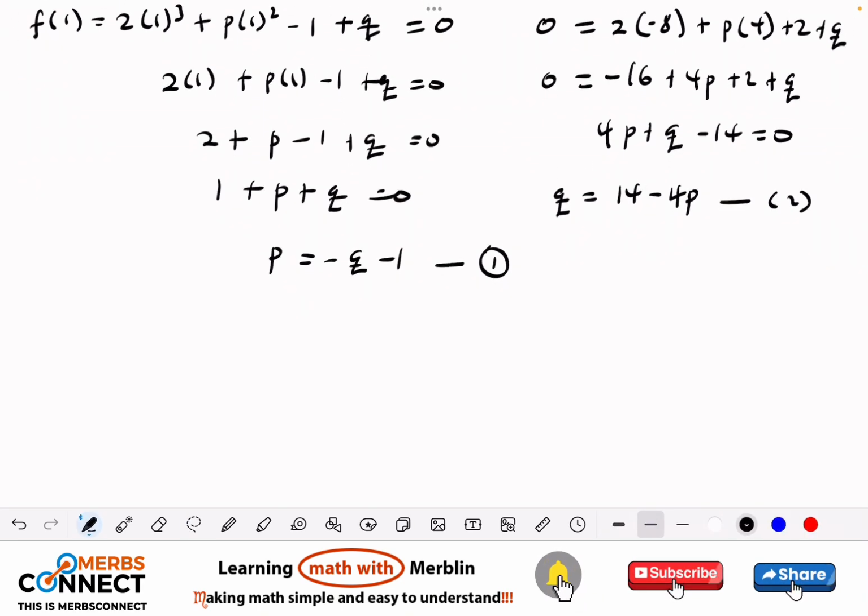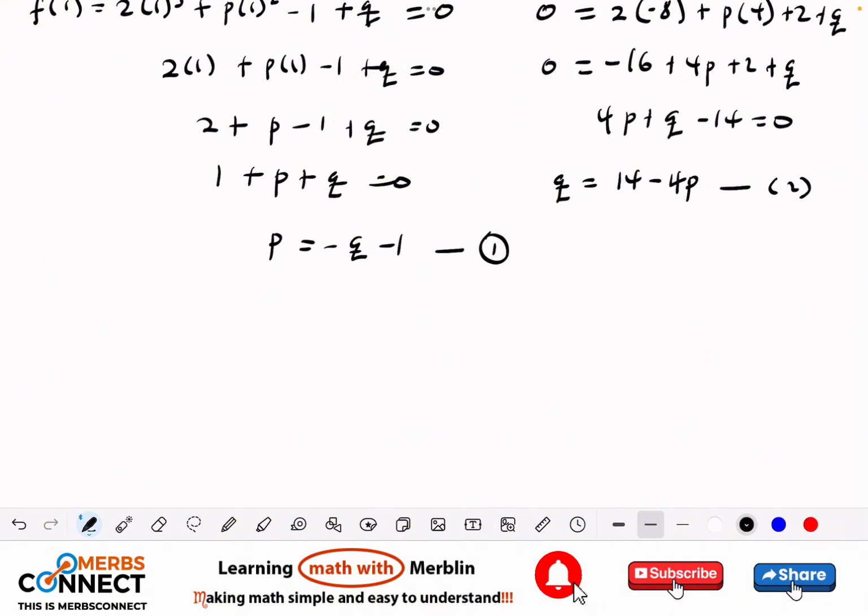So now we are going to solve equation 1 and equation 2 simultaneously. Since we've made q the subject here and p the subject here, we can put equation 2 into equation 1. So what are we going to get from here?